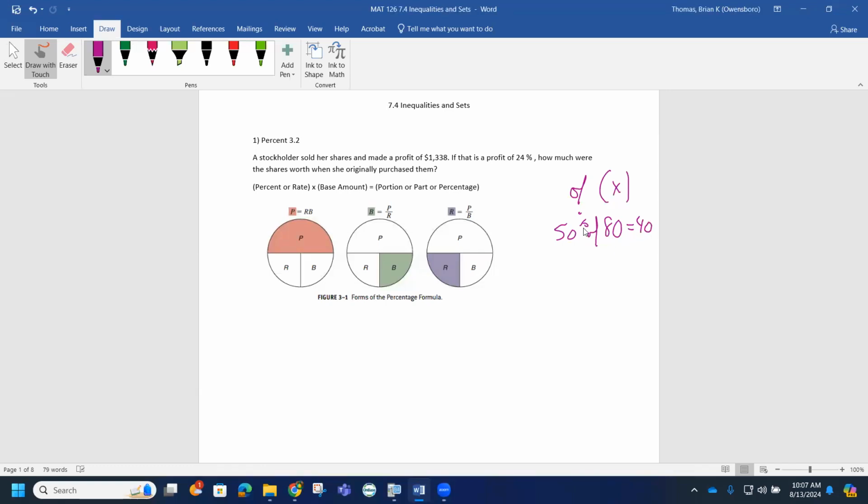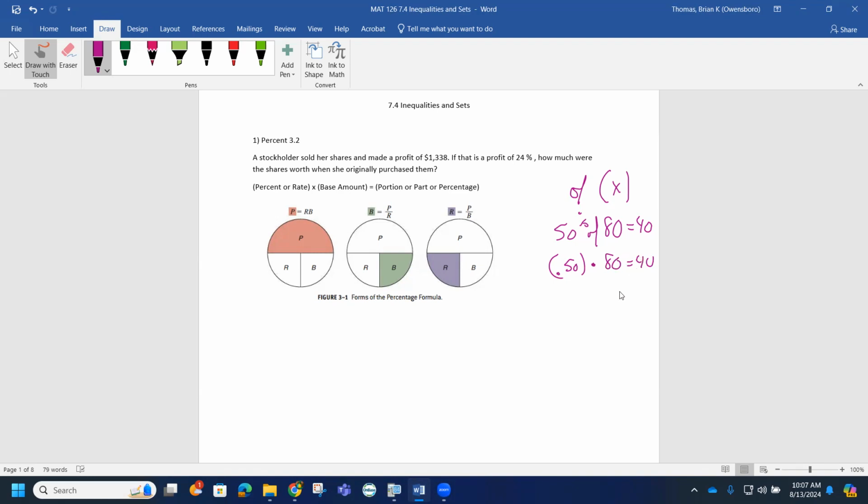Remember, percents can be changed to decimals by moving the decimal 2 places to the left, 0.50. The "of" can be changed to multiplication, the 80 and the 40.